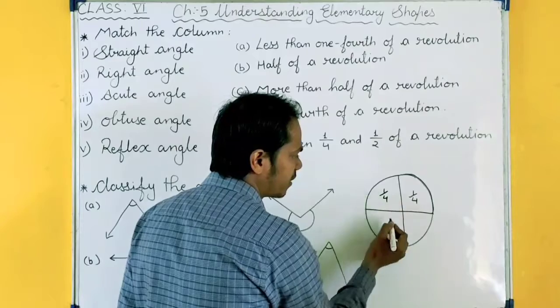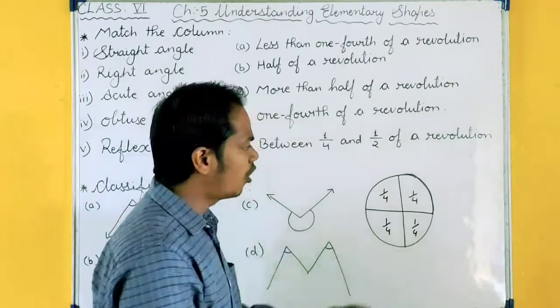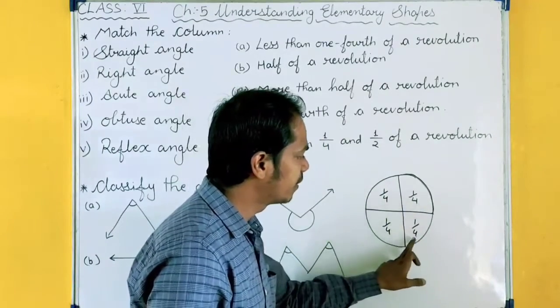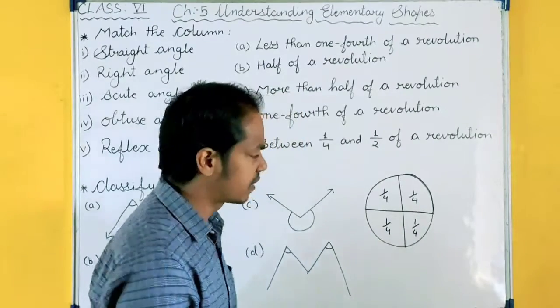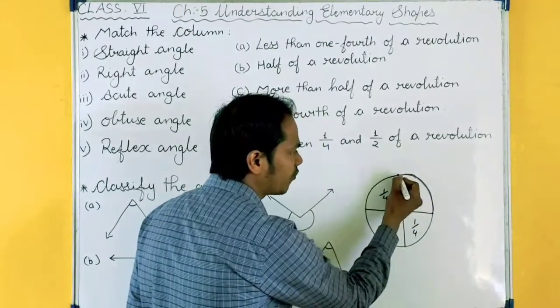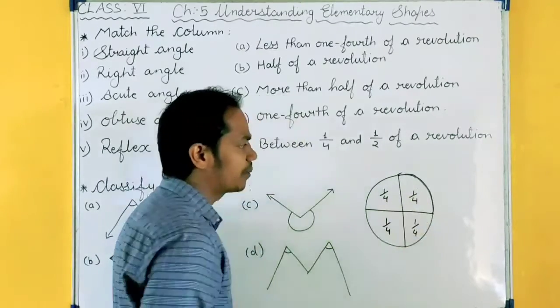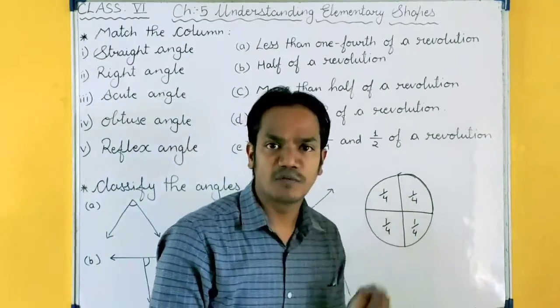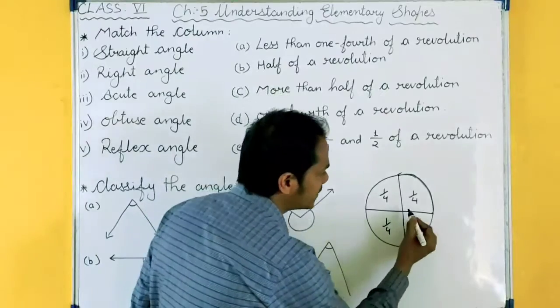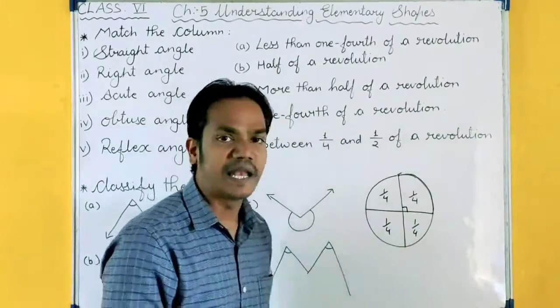When you divide a circle into four equal parts, each part will be 1/4 of a circle. So when you move from here till here, you have completed 1/4 of a revolution. 1/4 of a revolution means 90 degree.